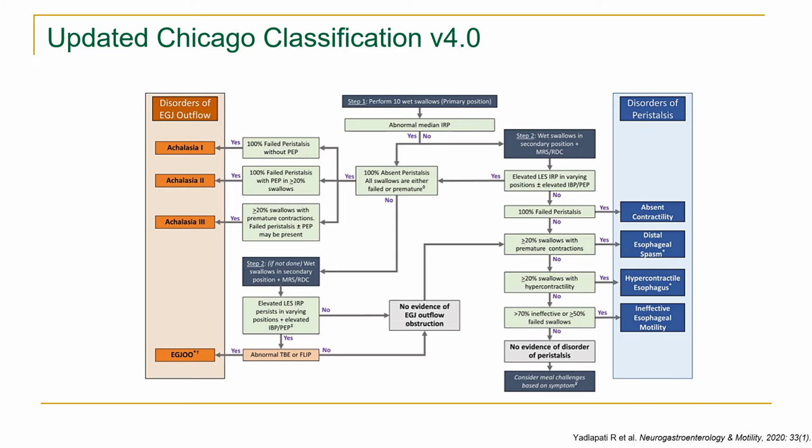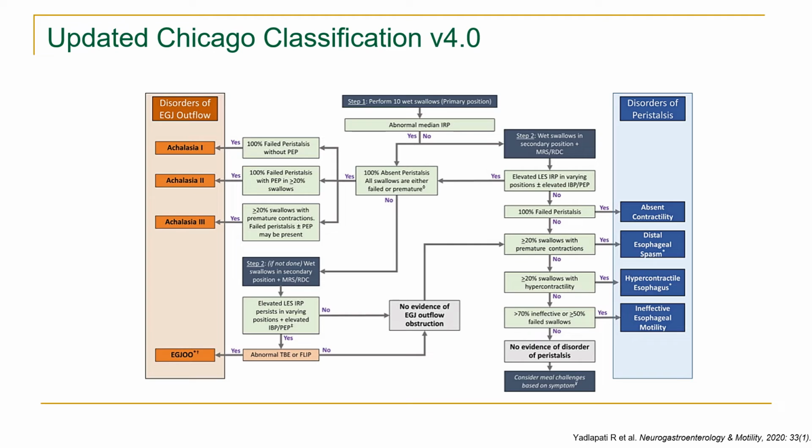Another thing is that there are several diagnostic criteria modified in Chicago 4. For example, for IEM, the cutoff of 50% ineffective swallows was changed to 70% ineffective swallows.